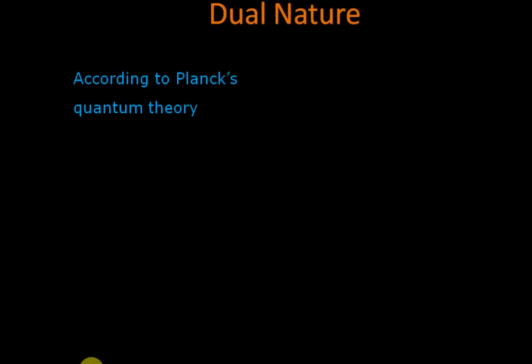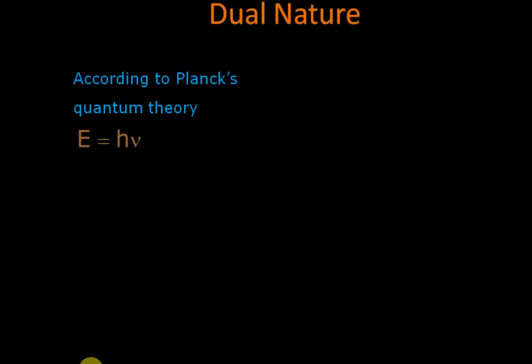According to Planck's quantum theory, we know that the radiation energy, either being absorbed or emitted, is always found in integral multiples of h nu, where E is the energy, h is Planck constant, and nu is the frequency of radiation.